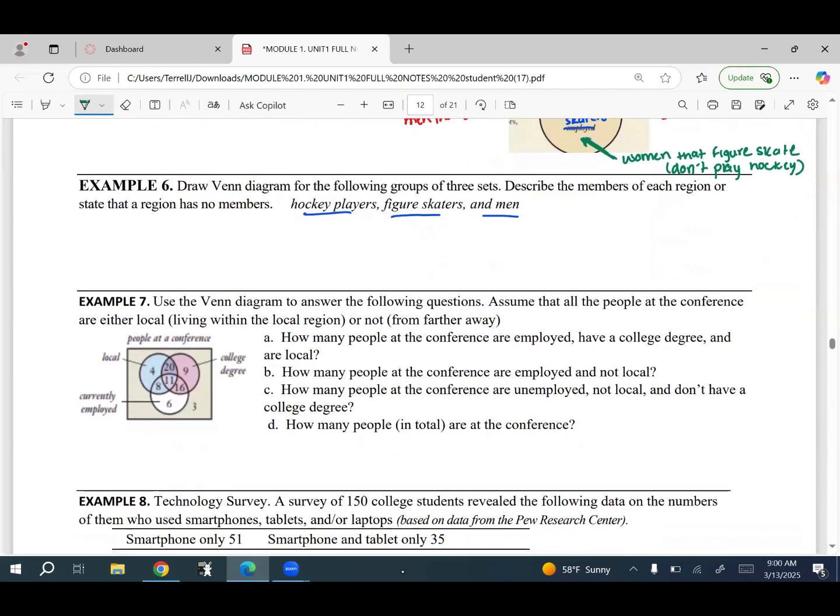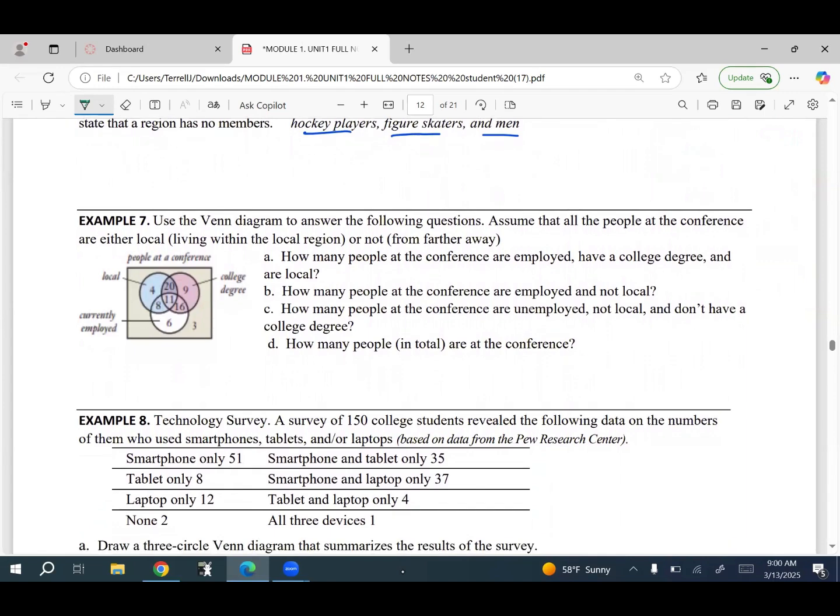The next example I want to do is example 7. It says, use the Venn diagram to answer the following questions. Assume that all people at the conference are either local or not. The first question is, how many people at the conference are employed, have a college degree, and are local?